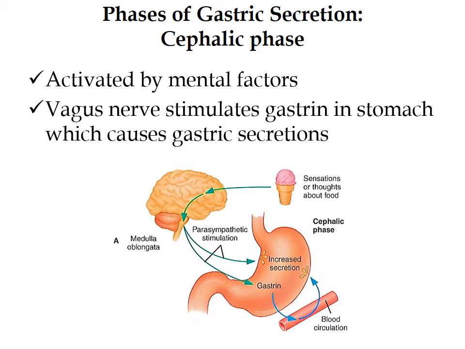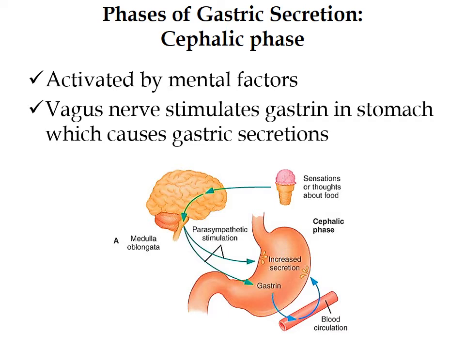When you see the food, although you are only seeing it, the stomach is prepared to digest that food, and slowly the gastric secretion will start. It is anticipating the entry of food material into the stomach. In anticipation, the stomach is preparing to receive that food, and the gastric secretion is slowly increased in this phase.